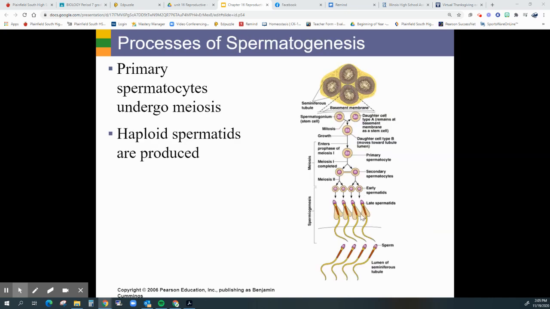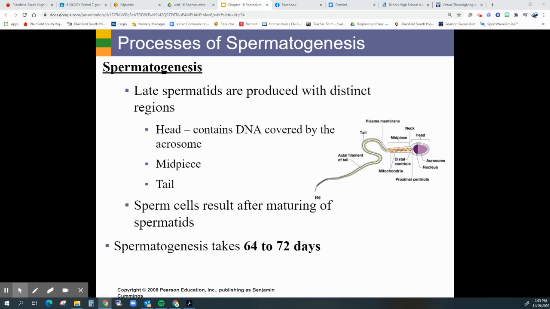Again, we're producing 4 cells, except this time they don't happen the same way as the eggs. Again, they're haploid cells that are being produced here. The main thing I would remember is it takes about 64 to 72 days, and really what we're producing are these mature sperm cells.